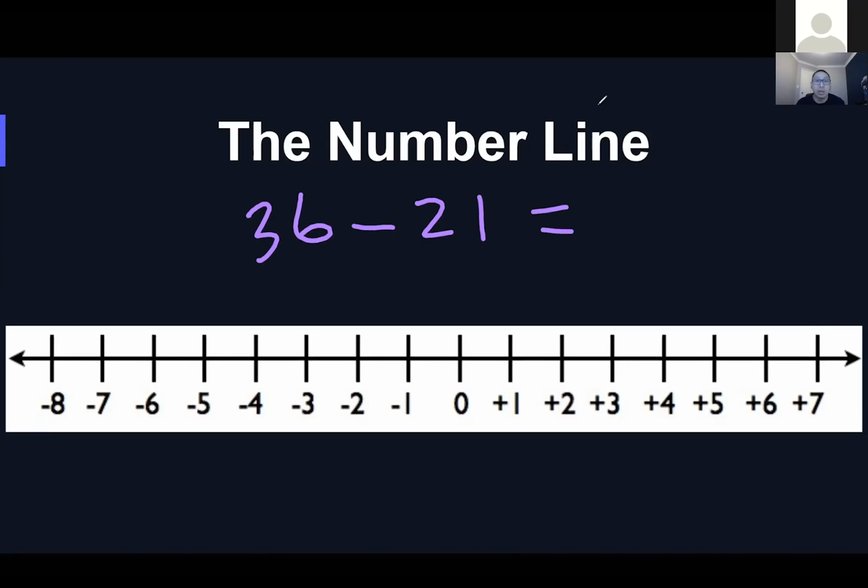Well, let's have a look. The right answer should be 15 or negative 15, but which one is it? Which one's bigger, the 36 or the 21? Well, the 36 is positive and bigger than the negative 21, so the answer will be positive 15. Okay, so that's some ways to think about it. And again, if you get really stuck, come back to the number line and go from there.